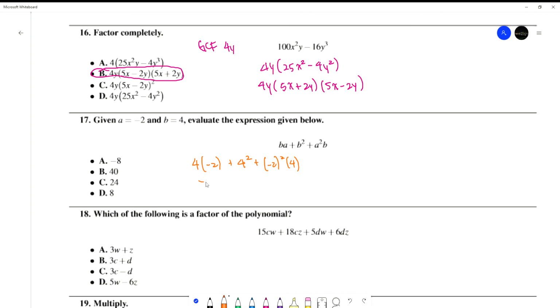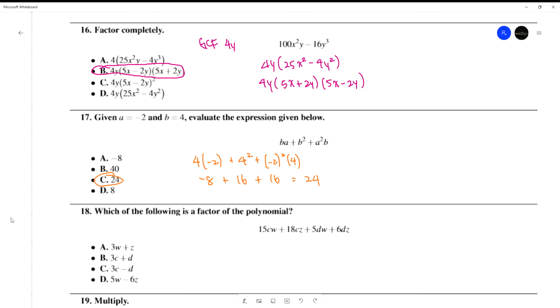So this is negative 8 plus 4 squared, which is 16, plus negative 2 in parentheses squared, which is 4, times 4 is 16. Okay, so now I have negative 8 plus 16 is equal to 24. C. Alrighty, any questions there? Moving on.